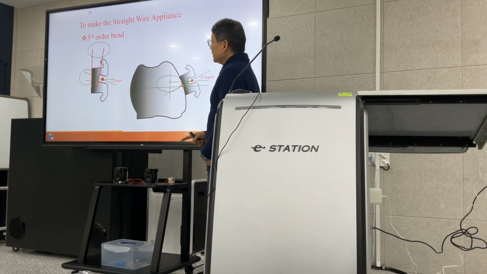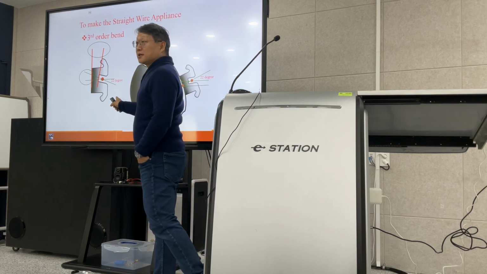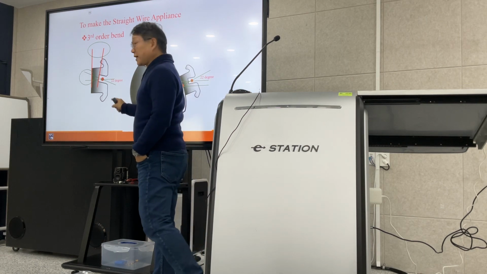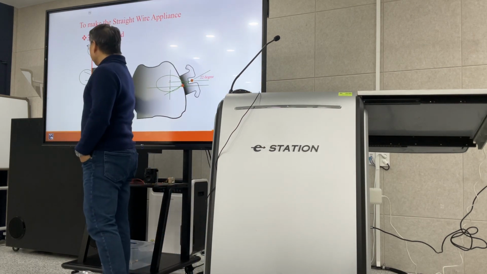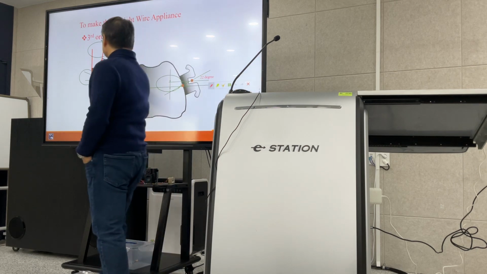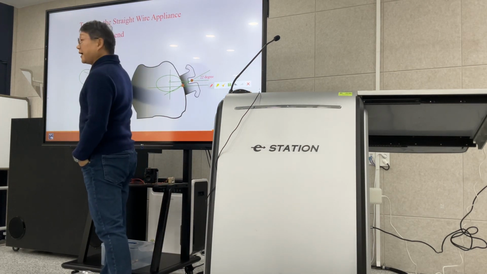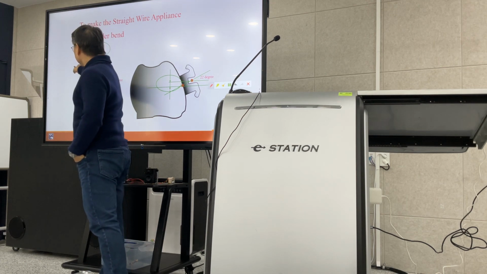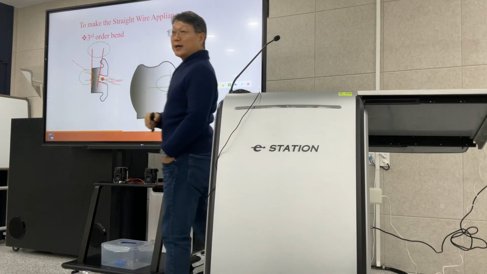This is just the first version of the standard bracket. At first they thought just to make a slope like that. Then what's the problem? When you put in the wire, the center looks like that. But the FA point is here, right?